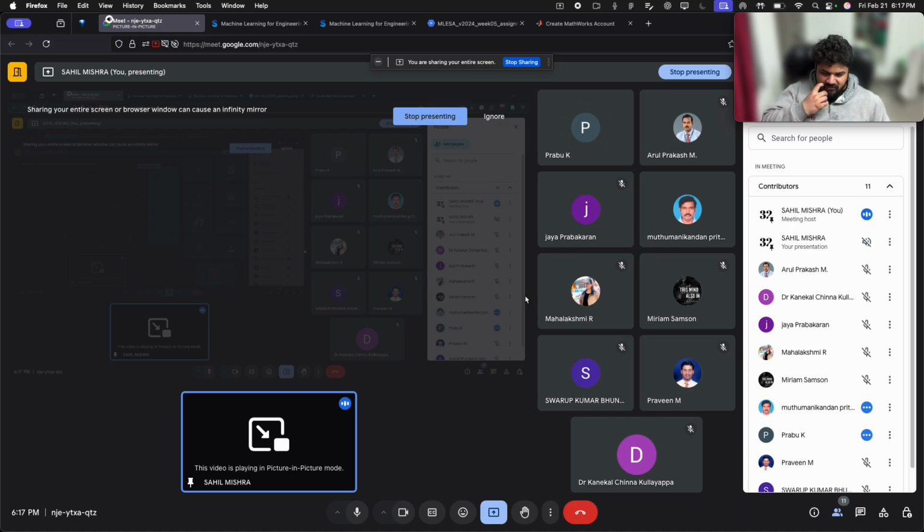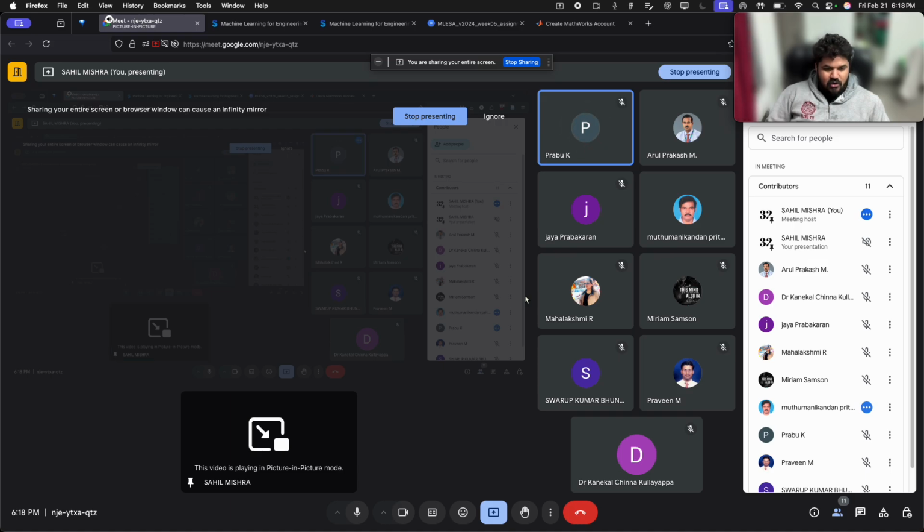Whatever issue you are facing, share the screenshot and next week we will sit and see. Or you can mute yourself and go away and check for 5-10 minutes if it takes some time like that, and then come back. That will also work.